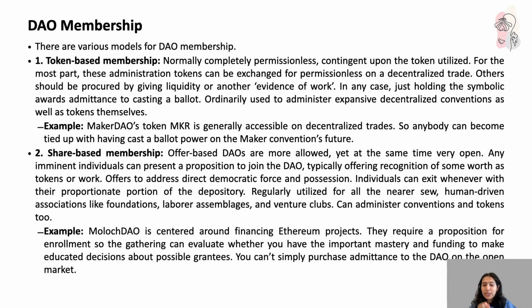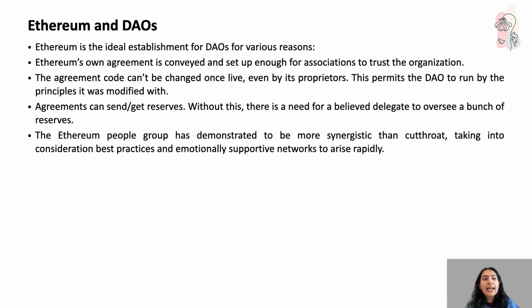So if your proposal gets approved, then you're the right person to have a vote in the upcoming decisions that the entire community is going to take. Are you getting that?